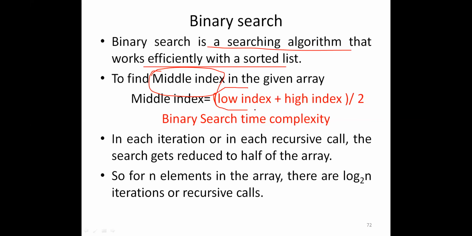Low index is nothing but 0, because it starts from 0. Then plus high index, which is 9, because it is 0 to n minus 1. Divided by 2. So what is the answer? 9 divided by 2 is 4.5. We will take 4. So the index 4 is the middle index.